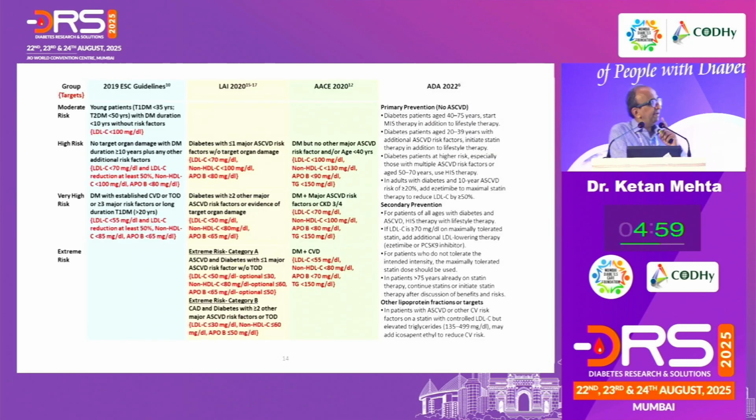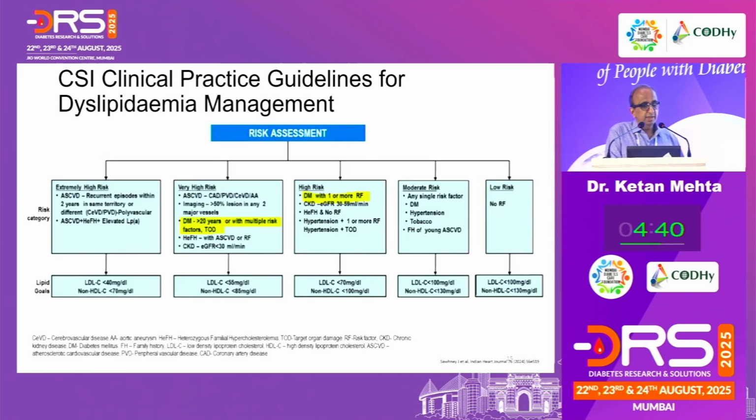Now, this is when we compare the ESC guidelines versus LAI with the American Association of Clinical Endocrinologists guideline. If you see, the LAI does not put the diabetic population in moderate risk. It straightaway comes in high risk, and the same is now endorsed by the American Association of Clinical Endocrinologists also. Now talking about the CSI, Cardiological Society of India Clinical Practice Guideline, they came in 2024.